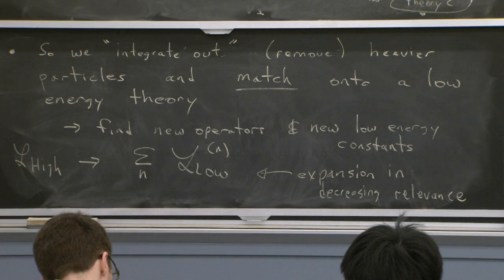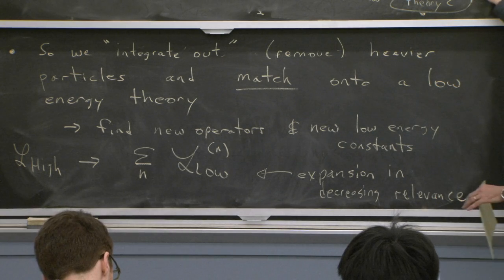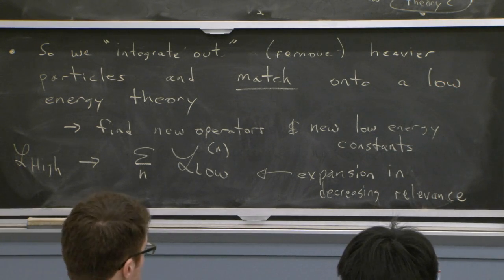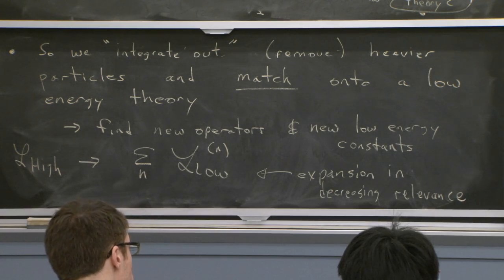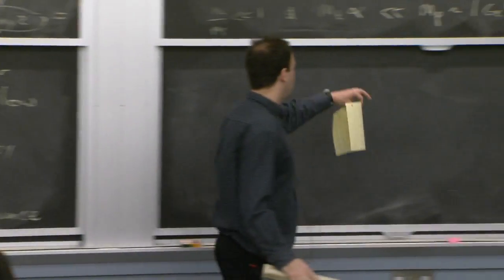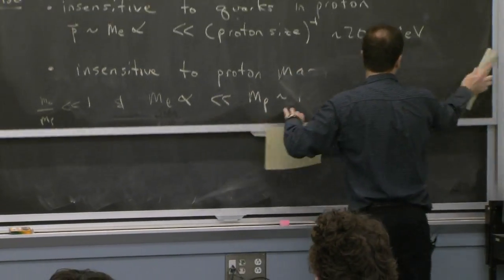So if you're in this situation, then these two theories are in some sense describing common things. The high energy theory describes more than the low energy theory because you've removed something in constructing the low energy theory. But the two theories have to at least agree where they overlap.